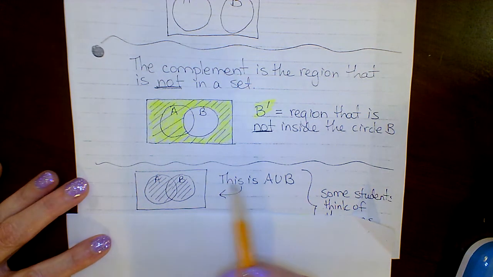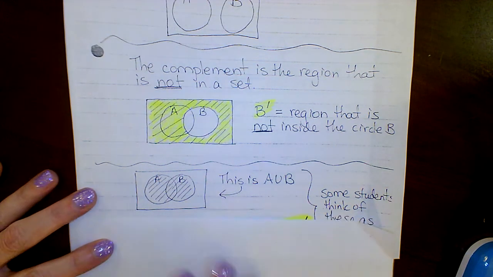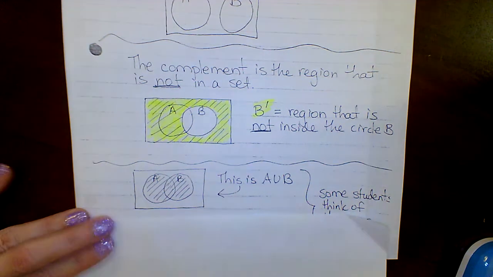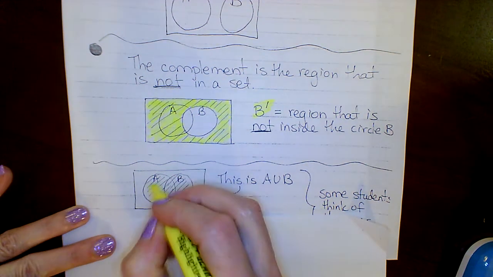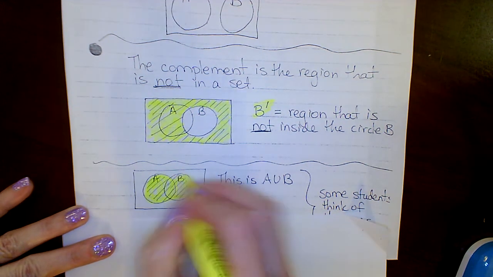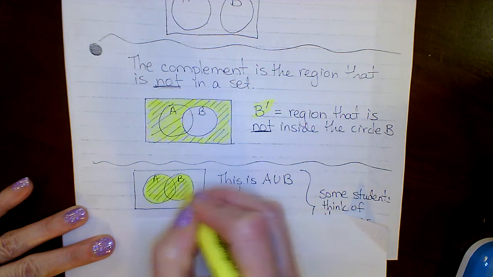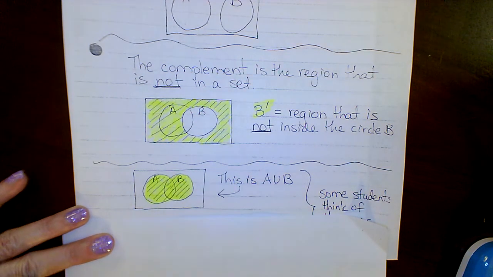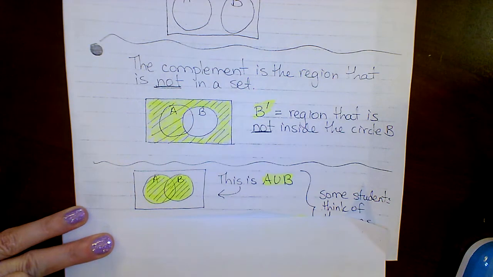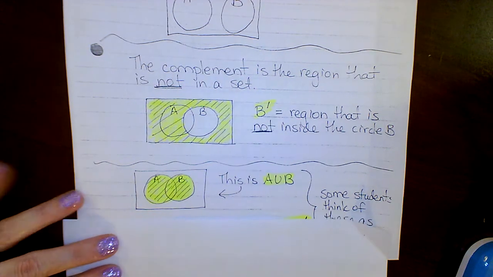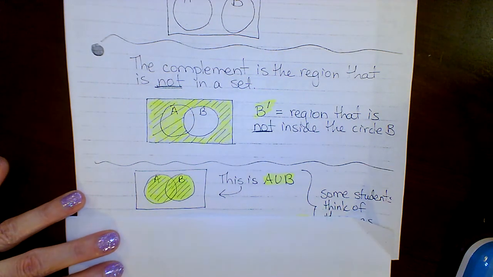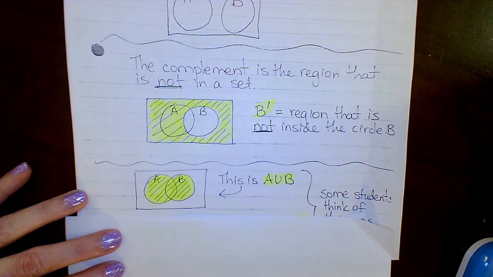So if I look at, say, the union here, and I didn't highlight that like I did the others, did I? So if we're looking at the union, that's anything inside A or B or both. So if that is the union, then what is the complement of the union?